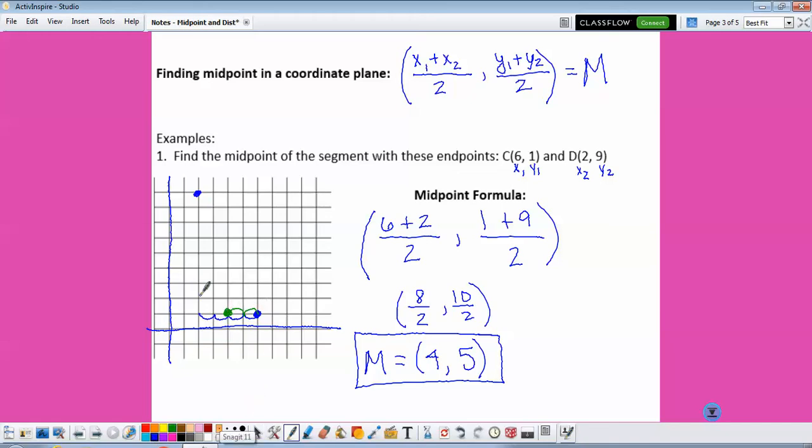If we're going up and down, we would go 1, 2, 3, 4, 5, 6, 7, 8. So halfway would be 4. So I'm going to go down 4 from here. 1, 2, 3, 4. And we said over would be 2. 1, 2. That's where we land. Still at 4, 5.